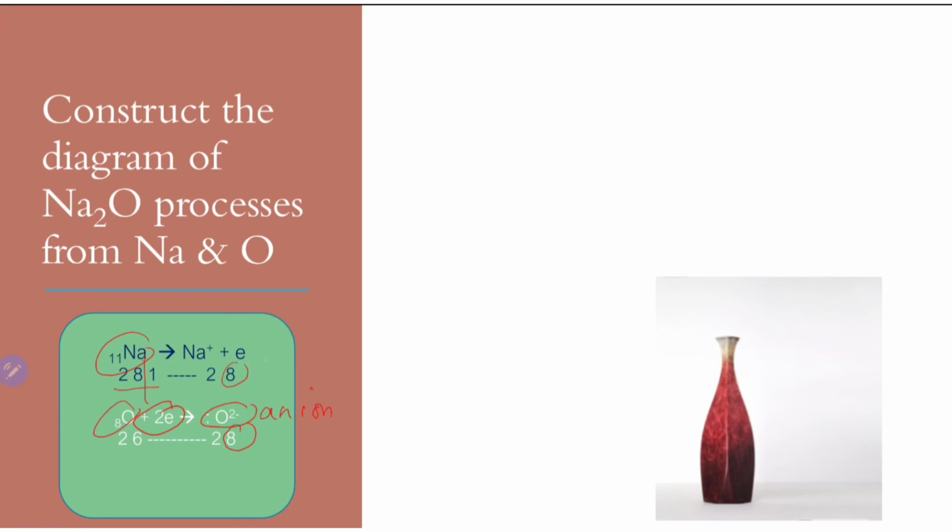Then the Na becomes Na+. So the formula of sodium oxide is Na2O, with 2 Na, because Na can only give 1 electron, but oxygen should receive 2 electrons, so oxygen needs 2 sodium. So how do we construct the diagram?